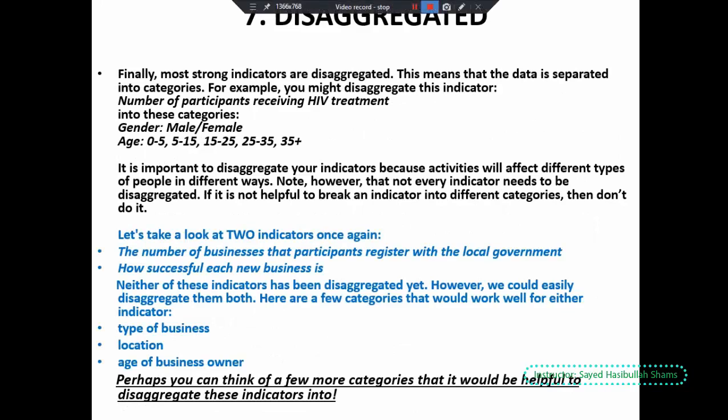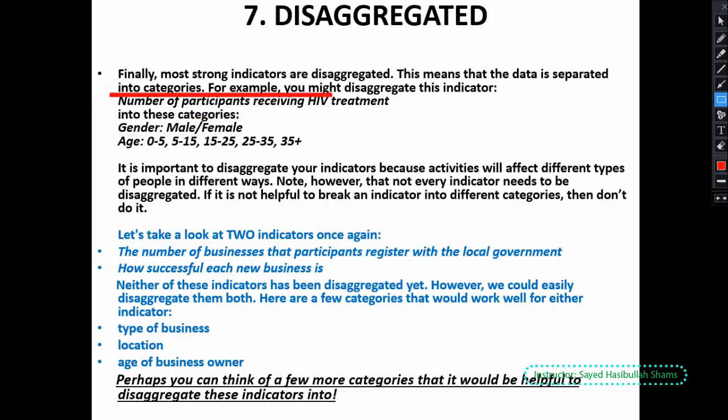Segregated. The indicator must be segregated, and it means that the indicator must be separated into different categories. For example, we have here one example, that is the number of participants receiving HIV treatments.